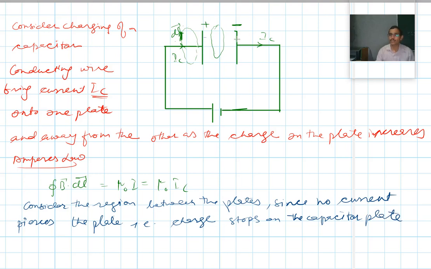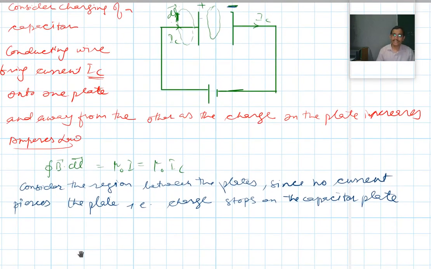The negative charge is because of induction. So for this inside region, the line integral of the magnetic field would be mu naught times I, but no current is inside it, so it will be 0.